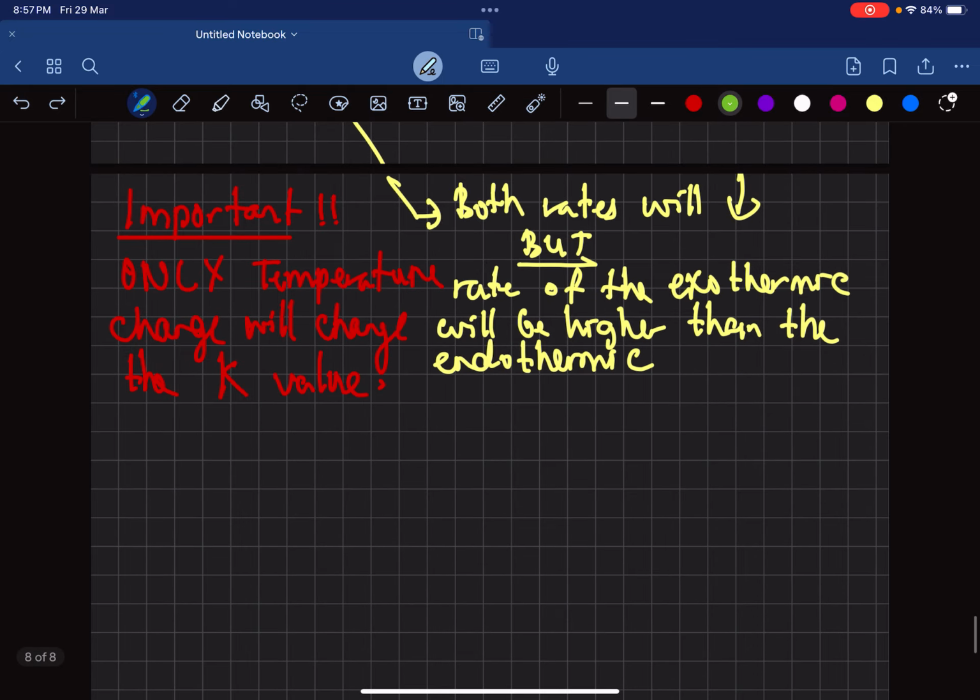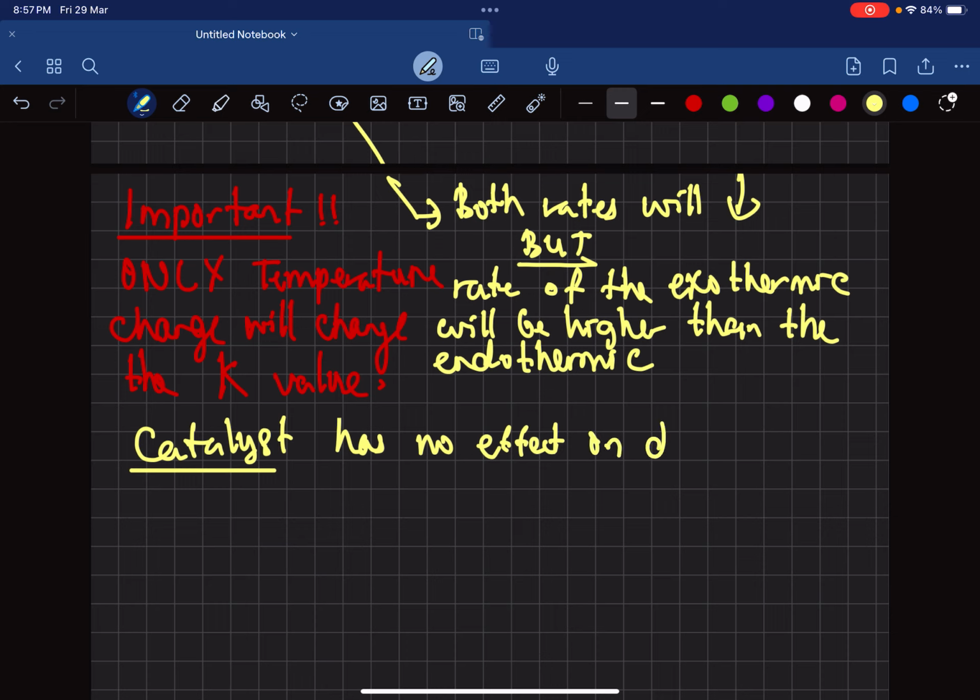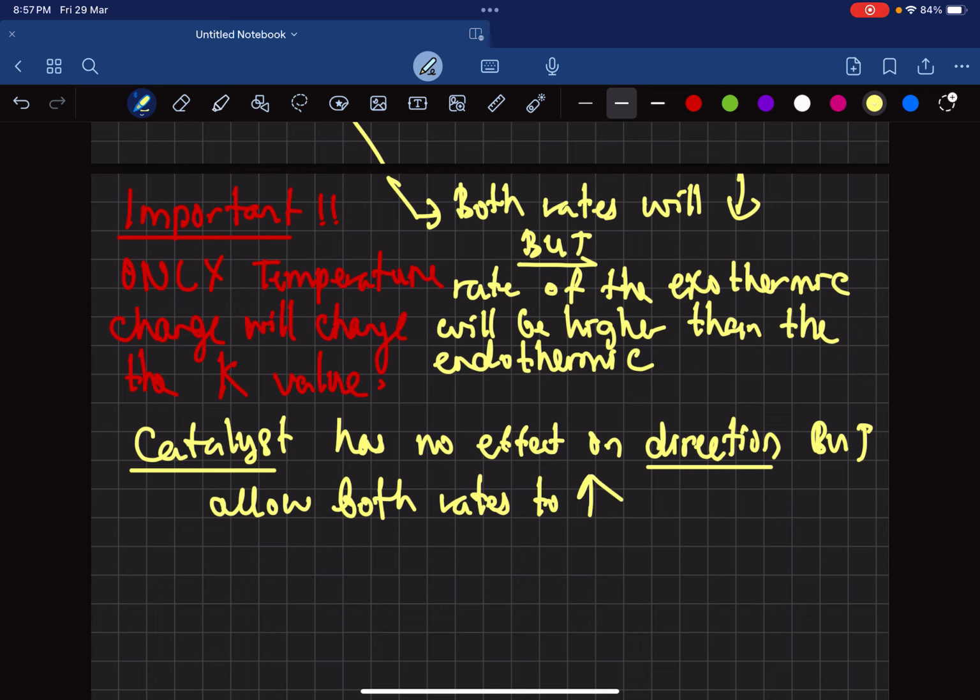All right. Then the other simple one I'll talk to you about is catalyst. Adding a catalyst to a system at equilibrium has no effect on direction, but allows both rates to increase equally.